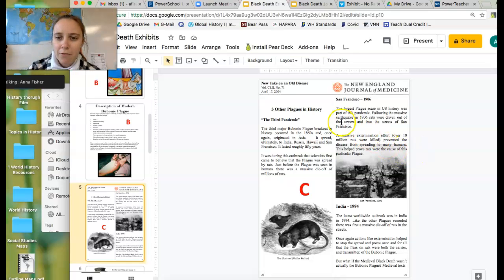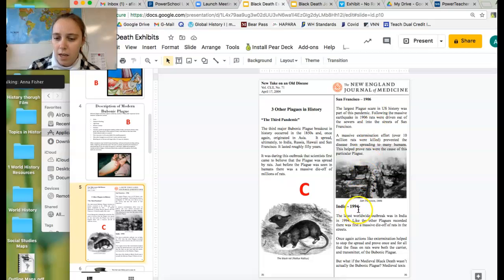So, what we have here are 3 other plagues in history. This first one is a bubonic plague that broke out in 1850. It was able to spread to several different places, including San Francisco. This one is the San Francisco plague of 1906.